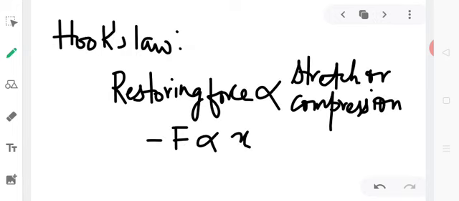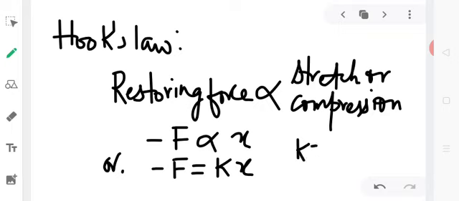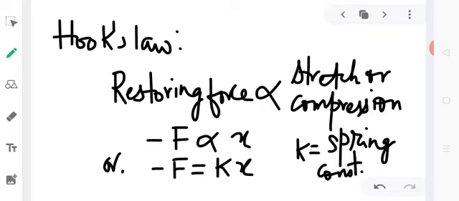So that's why, as per Hooke's law, we can write down minus F to be proportional to X. And as we all know, if you want to remove this proportionality sign and put an equal to sign, then we have to introduce a constant. So we can write down minus F to be equal to K into X, where K is a constant of the spring and is called spring constant.